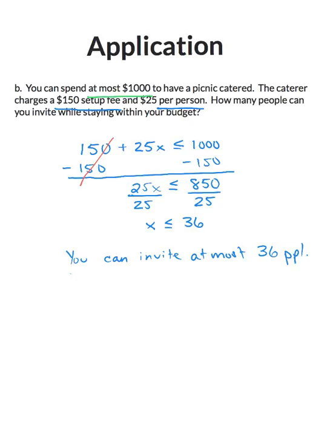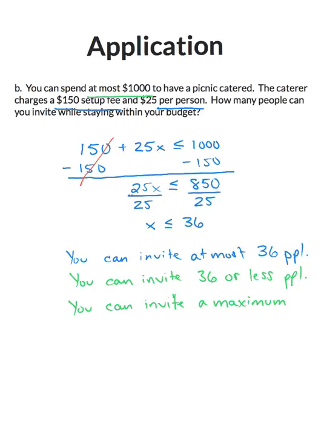You can also say this, you can invite 36 or fewer people. You can invite a maximum of 36 people.